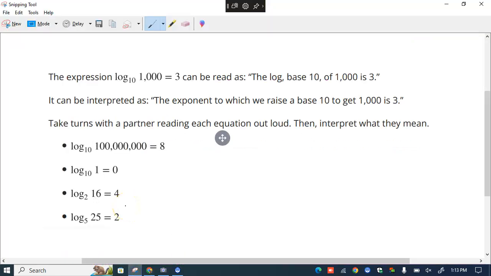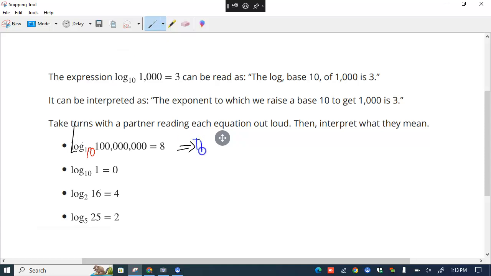The first one. How do we interpret this? Basically, the answer here is 8. The log of 100 million, so log base 10. Let me use this red 10, which is very important. So basically, this means the exponent.